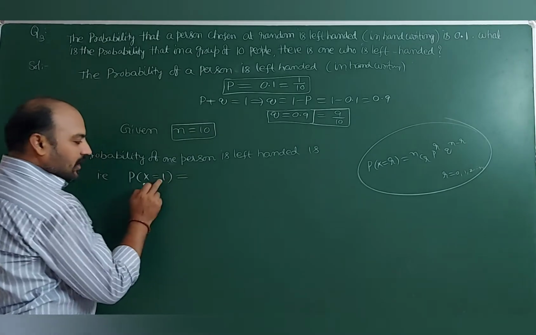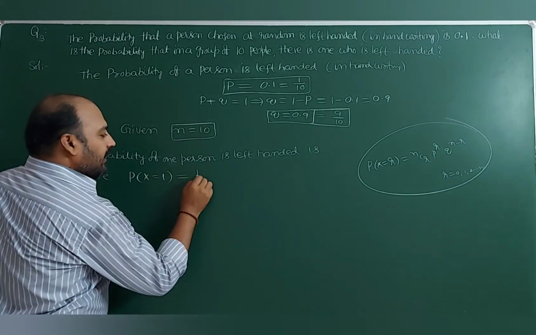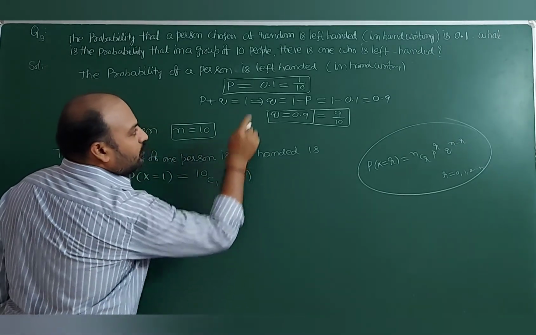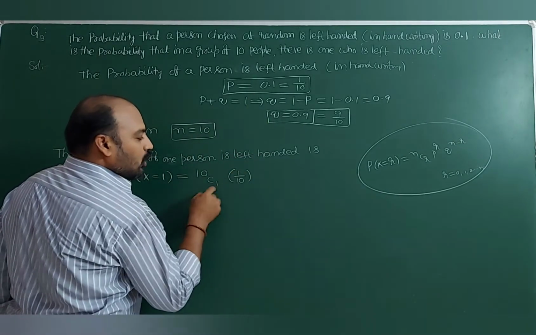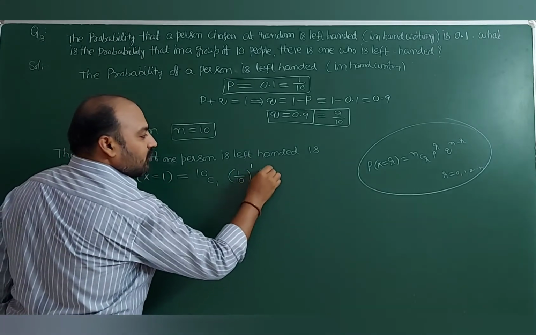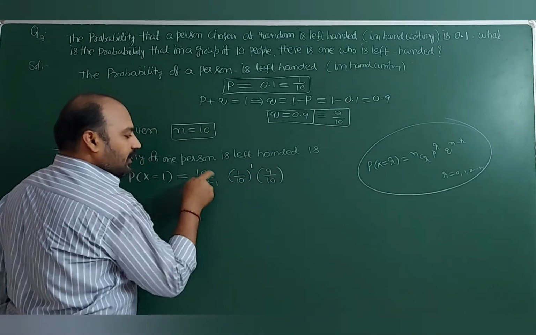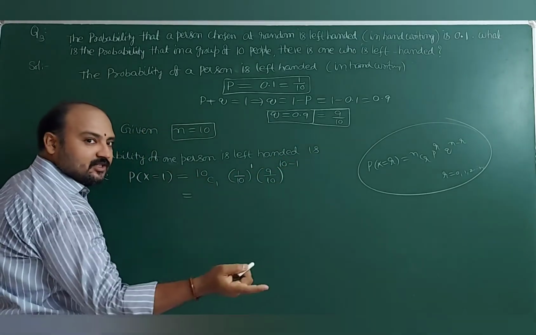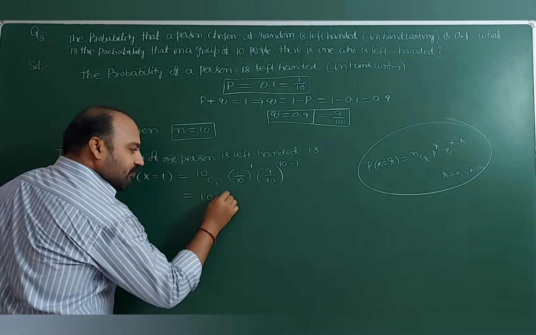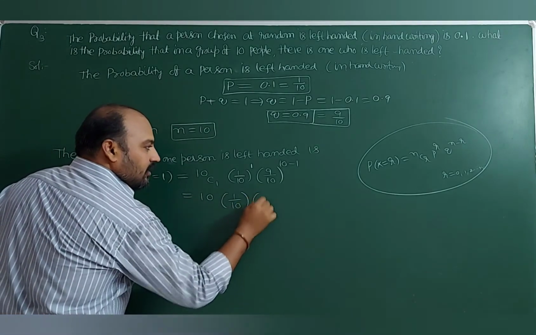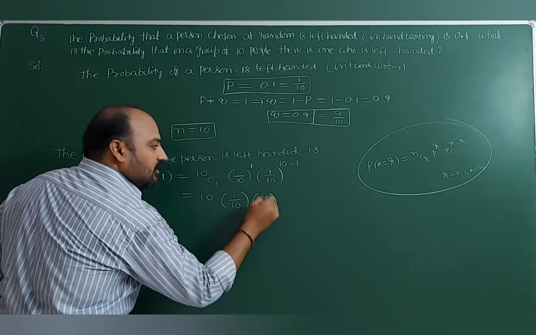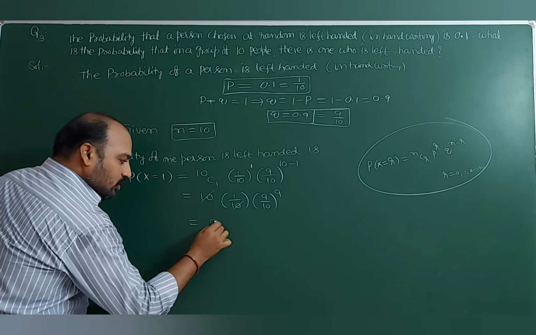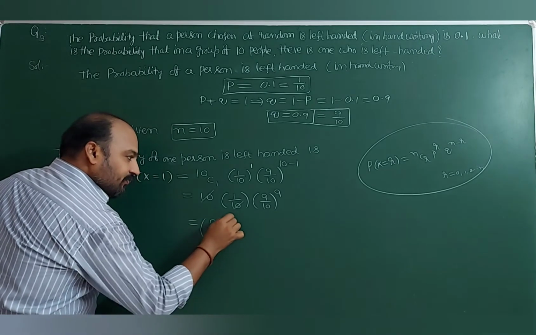So R is equal to 1 here, n is equal to 10, 10C1, P value is 1 by 10 whole power 1, 9 by 10 whole power 10 minus 1. Which is equal to 10C1; nC1 is equal to n, so 10C1 is equal to 10, times 1 by 10, times 9 by 10 whole power 9. Here the 10 gets cancelled, which is equal to 9 by 10 whole power 9.